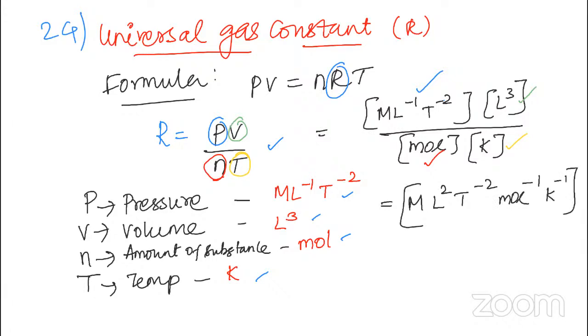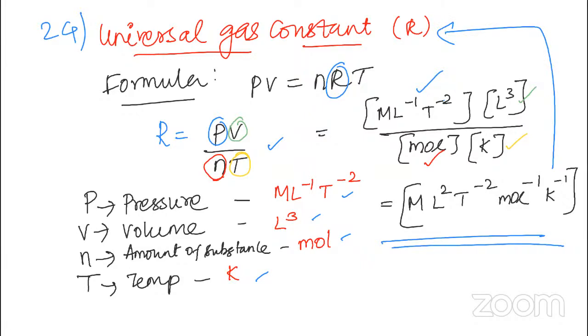So this is the dimensional formula for gas constant R.